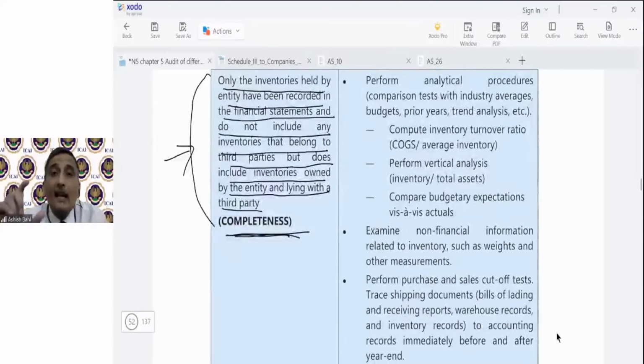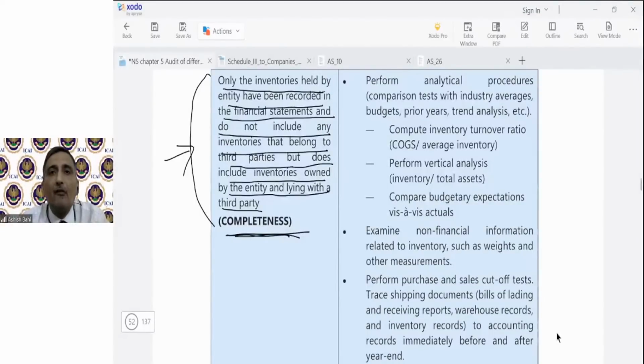Then only would inventories be complete. Say if I do not include the stocks which I have sent for job work to the third parties in my valuation of inventories, then obviously the value of inventories appearing in my financial statements is not complete.